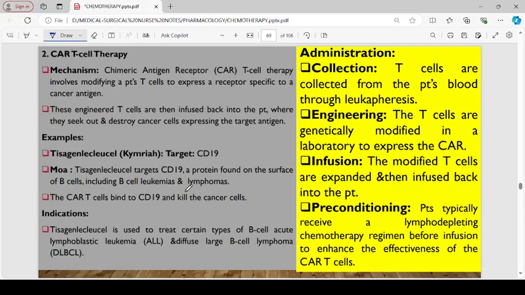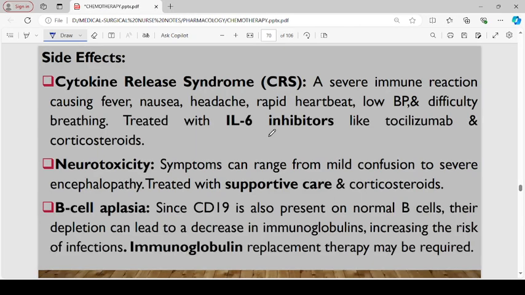Next, we have the CAR T cells, which is still under that, and this subgroup has examples like tisagenlecleucel, which normally targets CD19, a protein found on the surface of B cells, including B cell leukemias and lymphomas. So the CAR T cells will bind to this CD19 and kill cancer cells.